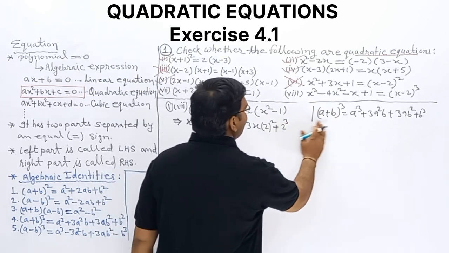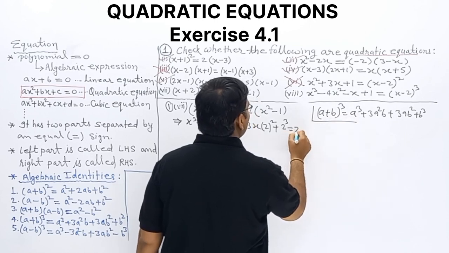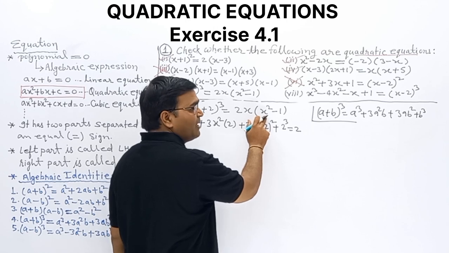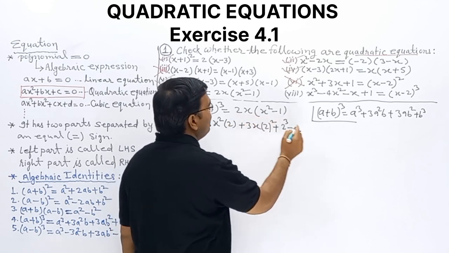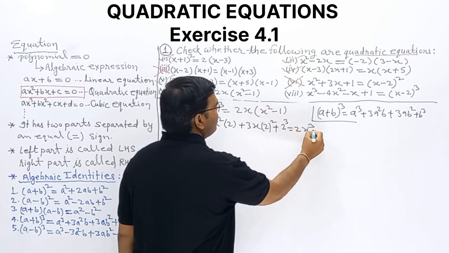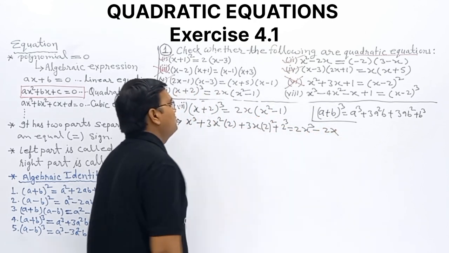Clear? In the right hand side what do we have? Equal to 2x multiplied by this, we will apply the distributive law. 2x into this one, 2x cube, plus minus 2x.